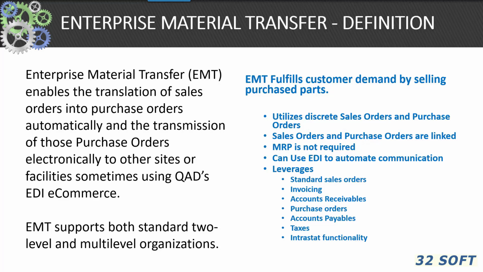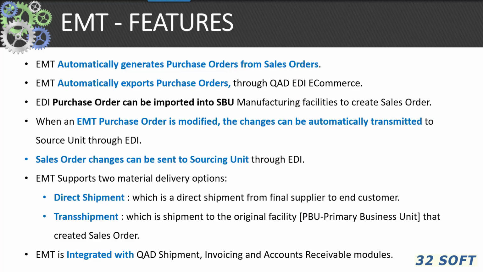So it uses the standard QAD functionality of standard sales orders, invoicing, accounts receivable, purchase orders, accounts payable, taxes, and INTRASTAT. The primary features of EMT are, as we had mentioned, EMT automatically generates purchase orders from sales orders. It can do this through the eCommerce module.